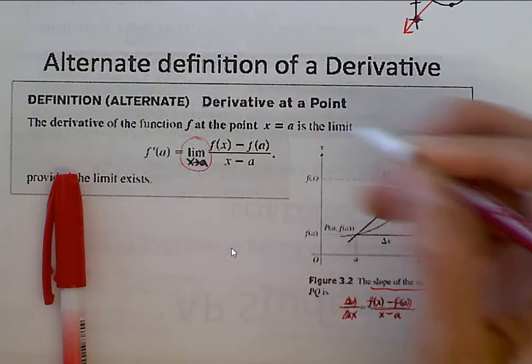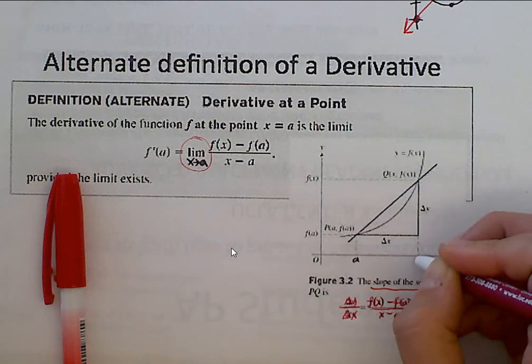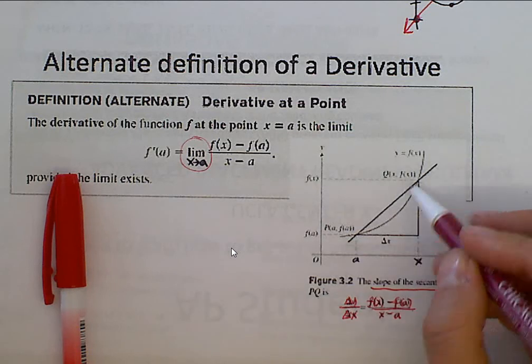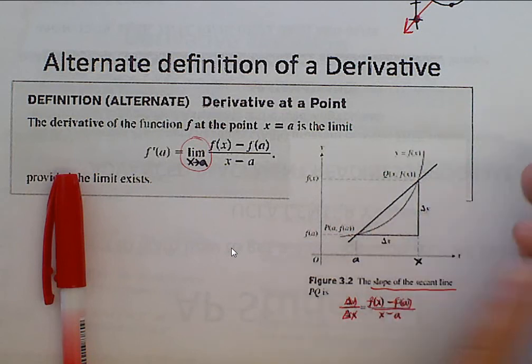It's saying as a and x get closer to each other, as x approaches a, the secant line is going to get really, really close, but we can still use that secant equation, like f of b minus f of a over b minus a.